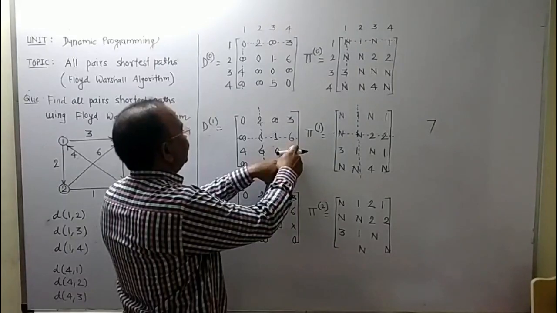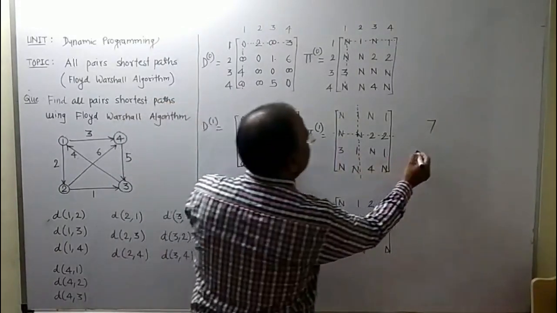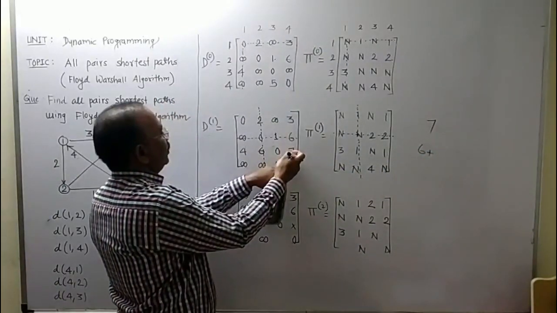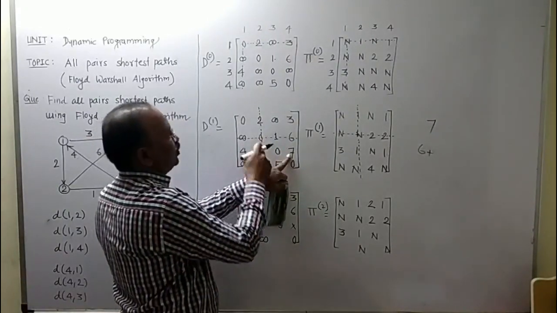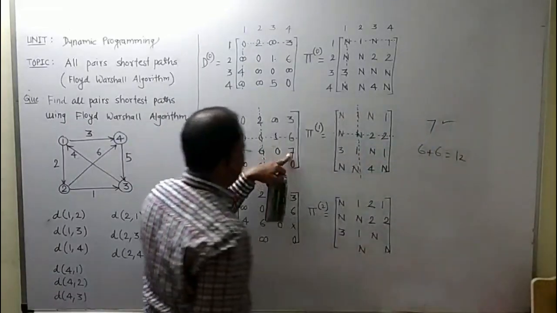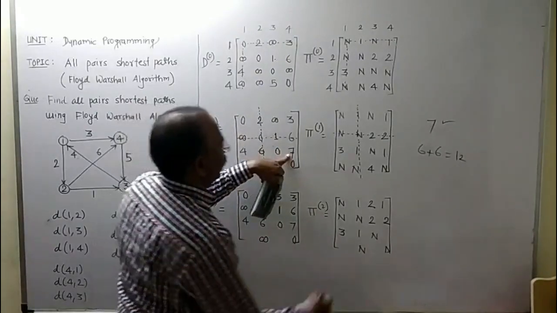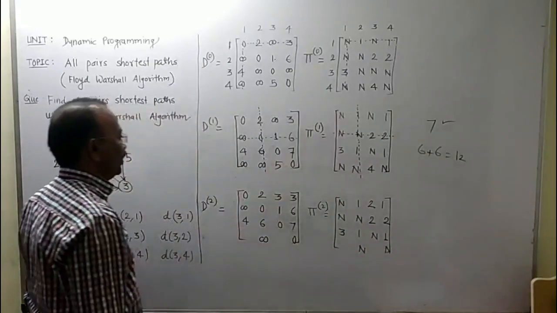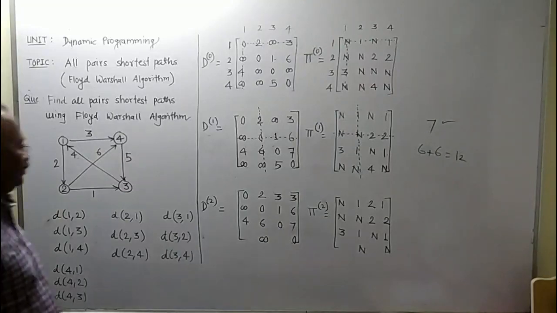If you travel vertically so that we touch the horizontal line, the value is 6, plus now from this position travel left side so that we touch the vertical line. Here the value is 6. 6 plus 6, that is 12. Minimum is 7. So write here the 7. No change. Now here write 1 as there is no change in D2 matrix.